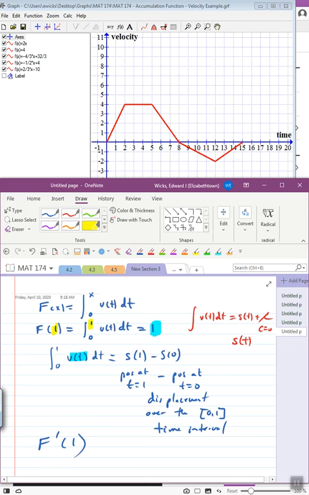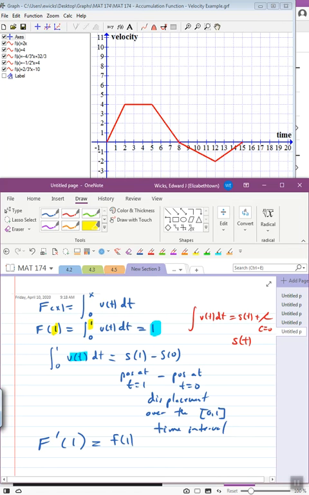What's f prime of 1? Okay, Ethan says it's little f of 1. Everybody agree? Okay, and Andrew says that's 1/2.